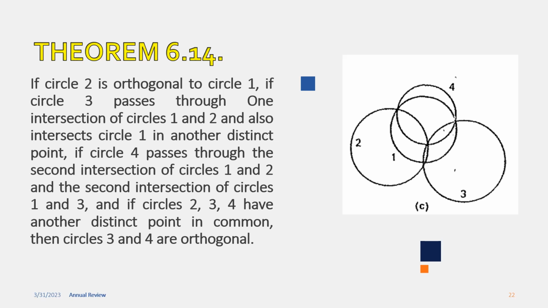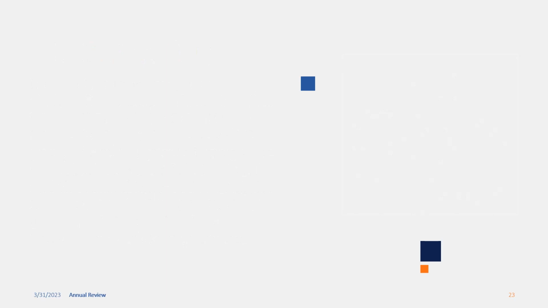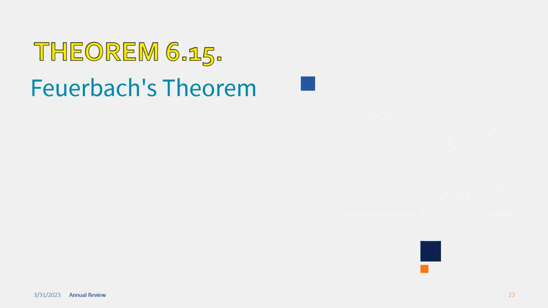Here the idea is to prove a more complicated theorem by inverting the figure and then using simpler theorems already established. So the classic example is the proof of Feuerbach's theorem, which is another theorem that I'm going to introduce. Okay, the Feuerbach theorem.